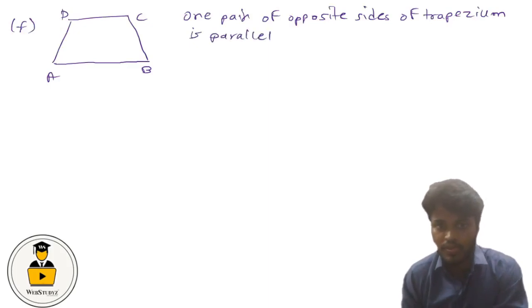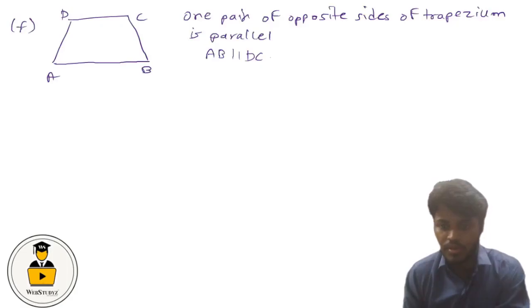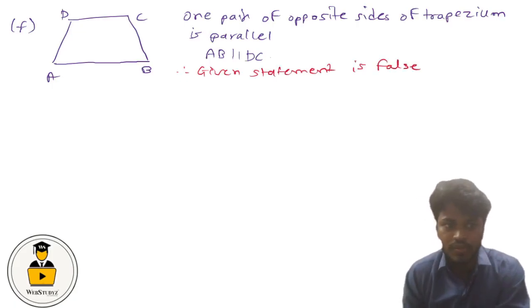So therefore we can say that only AB will be parallel to DC and not all the opposite sides are parallel. So therefore we can say that the given statement is false.